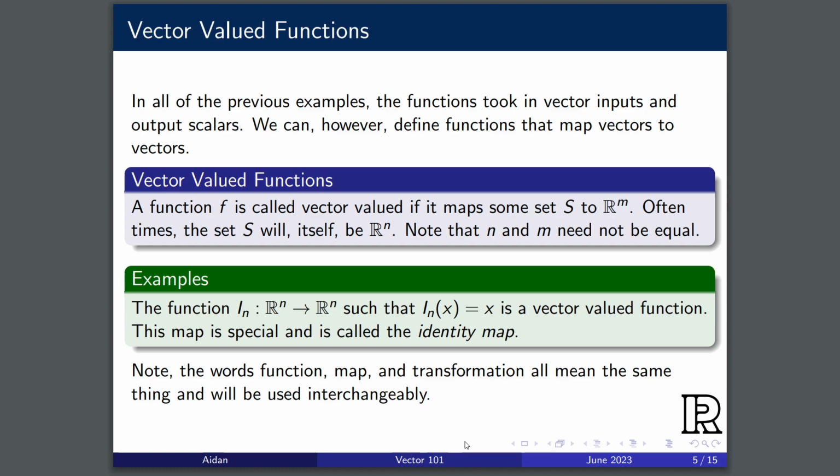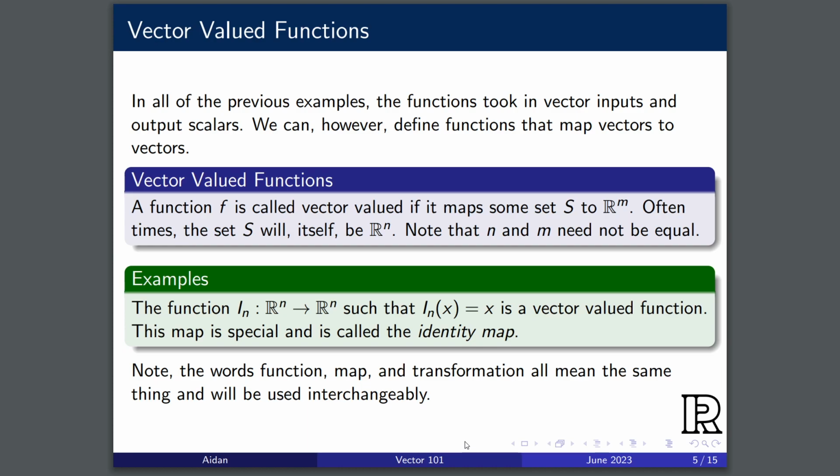So in all the previous examples we were talking about, our functions took in vector inputs but output real numbers. They output scalars. We can do different, which is that we can have functions that take in vector inputs and output vector outputs. And we call these things vector valued functions.